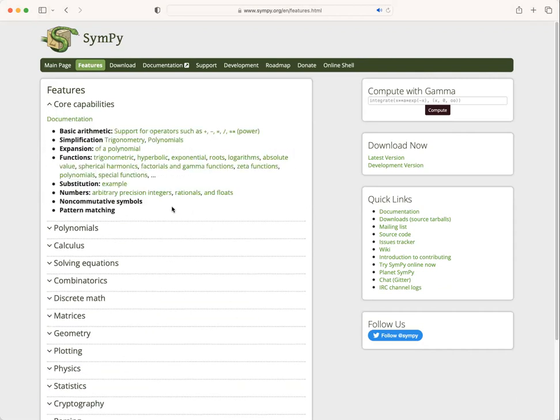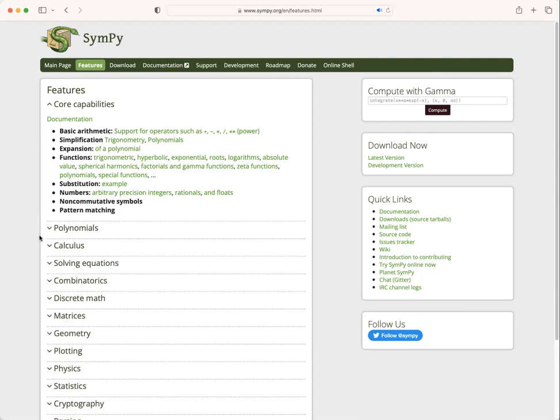We can, of course, do all the basic arithmetic. We can do simplification of trigonometric expressions and also polynomials. We can expand those. We can do factoring, things like that. We have all kinds of functions that you can imagine. Substitution, where we're able to take the value of a variable and apply it to some kind of expression.